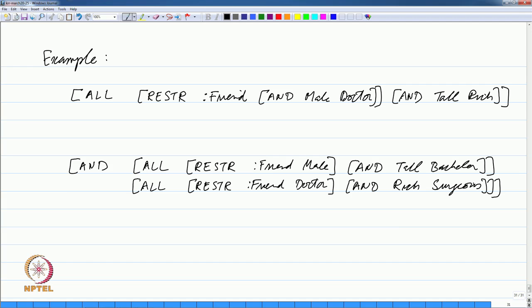So, they can be a separate set, we are talking about males separately and doctors separately essentially. But as you can see, with male we have associated the property of being tall, and with doctor we have associated the property of being rich, and these are the two properties that we are interested in with male doctors essentially.